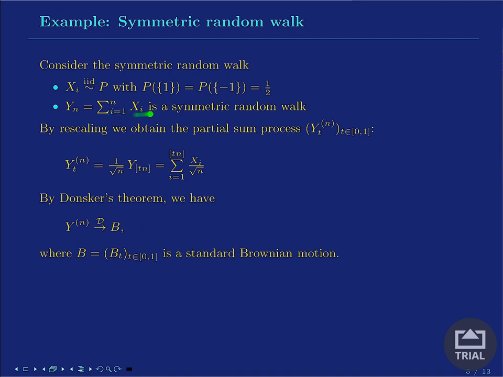We have here partial sums of this symmetric random walk. Then this process Y, rescaled by dividing by square root n, is exactly asymptotically Brownian motion.